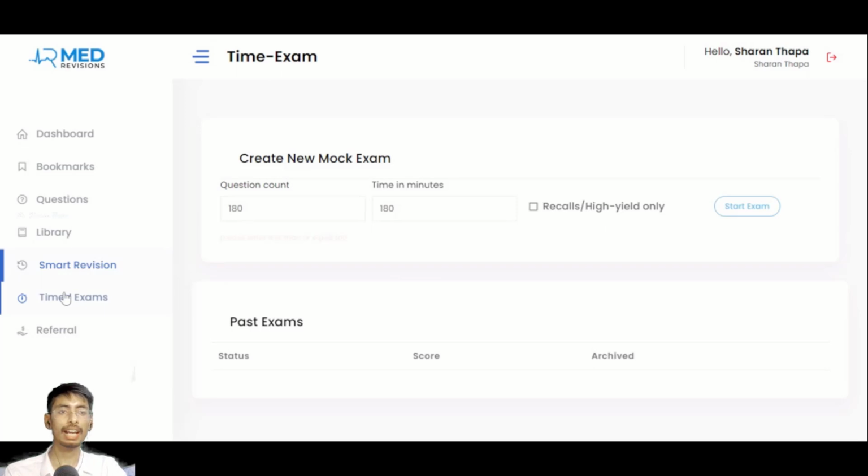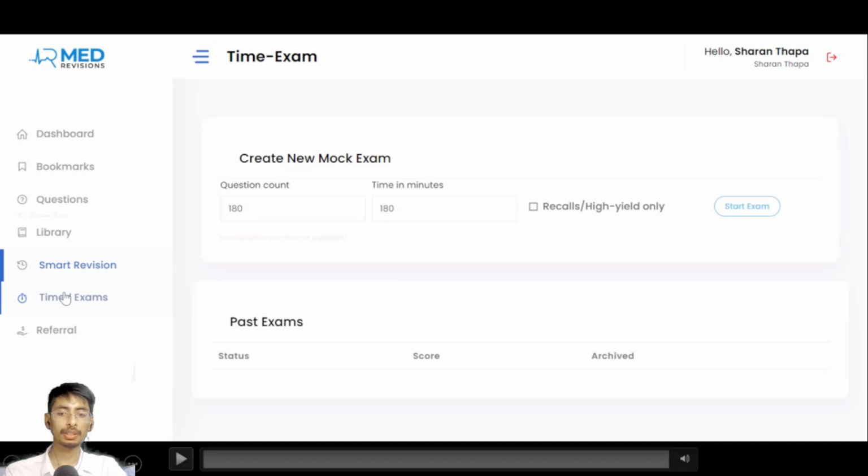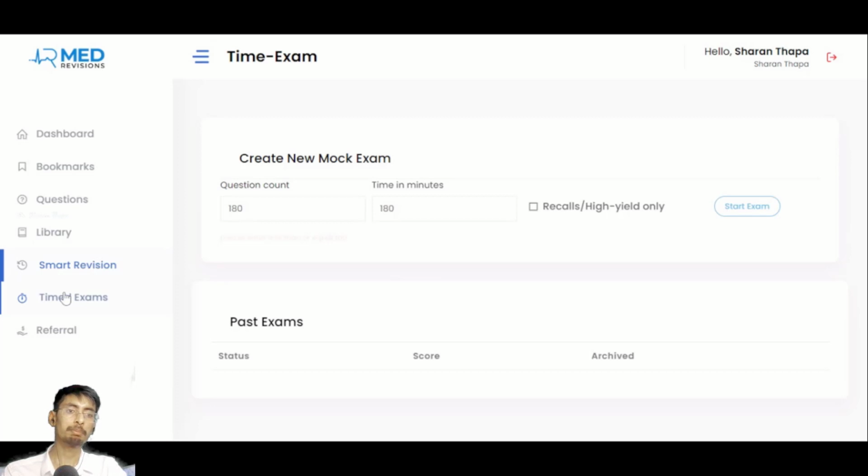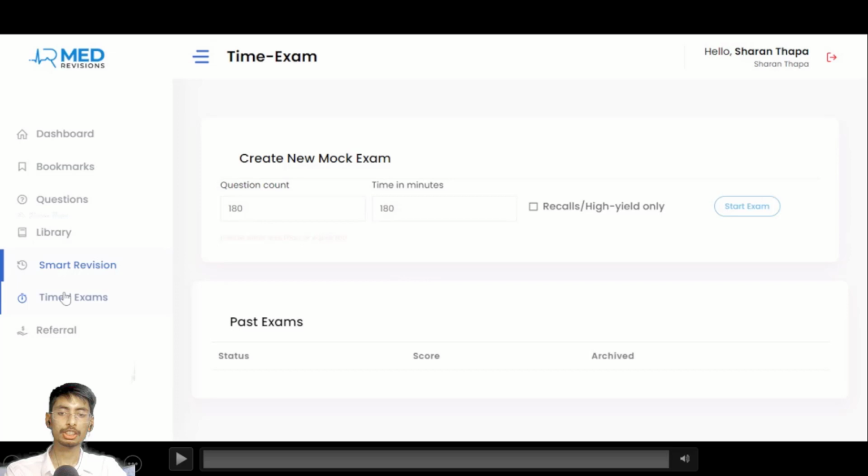You have that sense of time pressure whenever you are practicing a mock, and you'll get better with each mock. So do not just pause or get up in between the examination. Try to do a full mock, and do not get up without finishing 180 questions if it is possible.